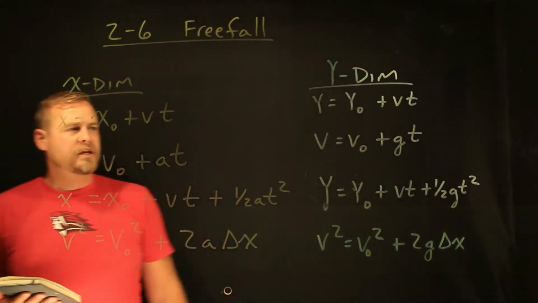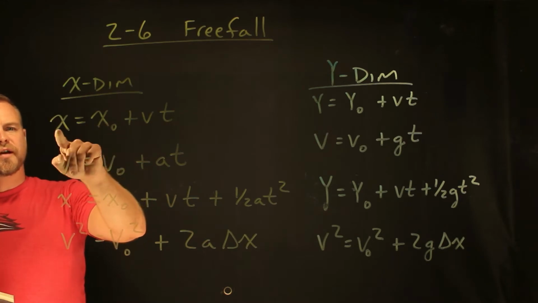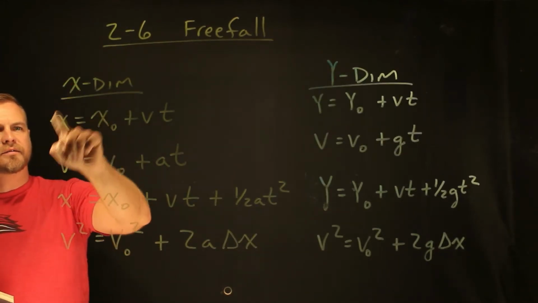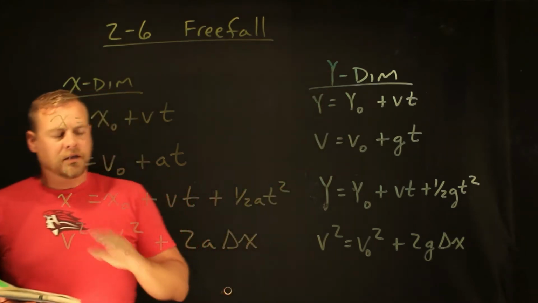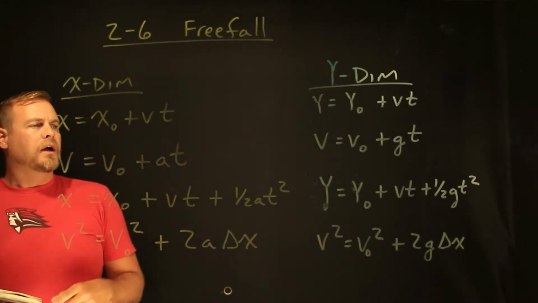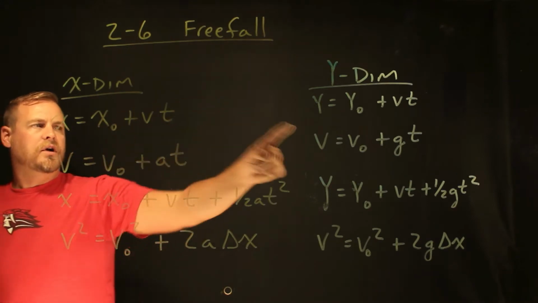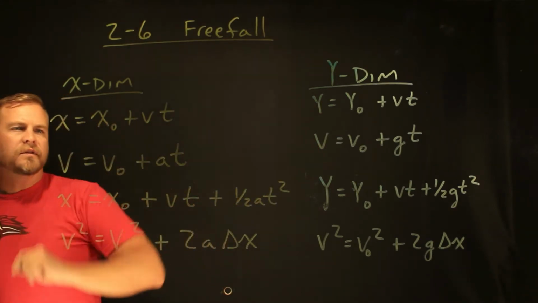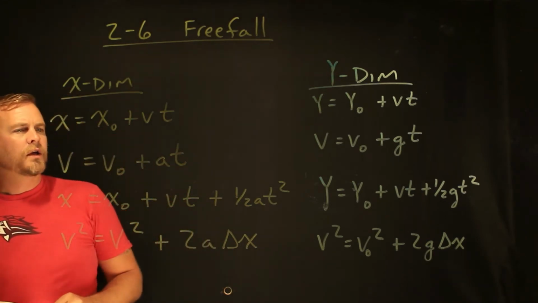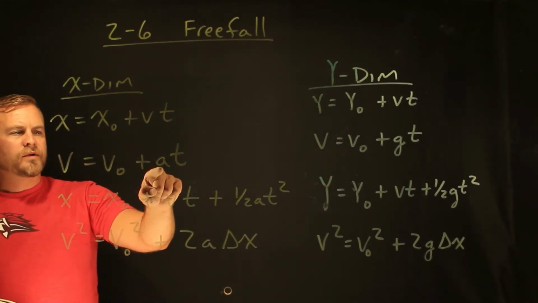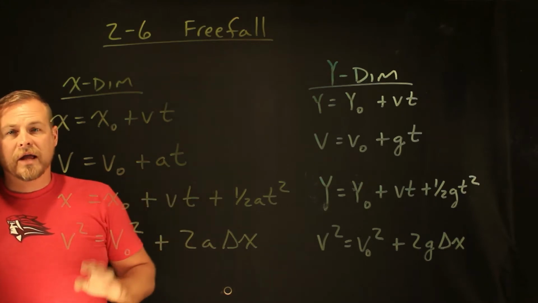So what I've done is I've taken all of the positions as we typically understand them in the x dimension, and I've changed them to the positions in the y dimension. Lots of different conventions in here. The AP text tends to use the capital letter Y instead of the X for the Y position, and the X position is X. Now, when we deal with acceleration, we're not talking about any acceleration.